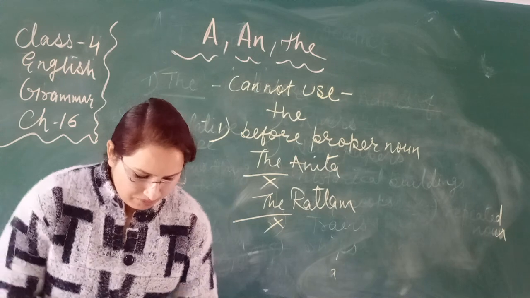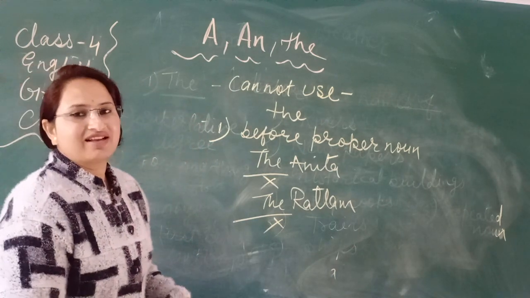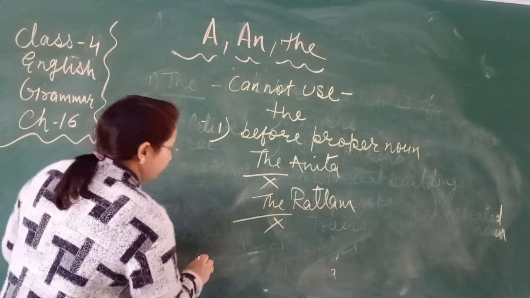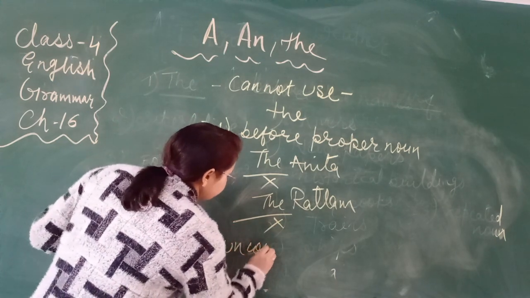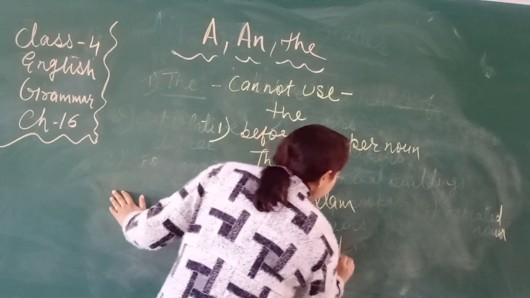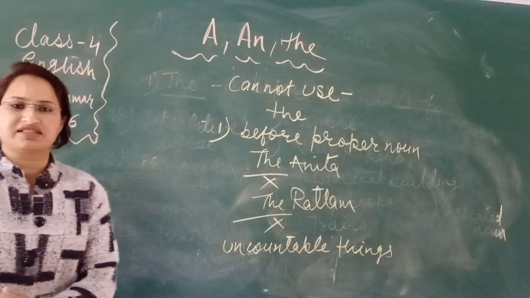Okay, I hope कि आपको समझ में आ रहा होगा. Yes, one more thing which I forgot to tell you, we cannot use article before uncountable things. कोई भी आर्टिकल हम uncountable things के लिए यूज नहीं कर सकते.